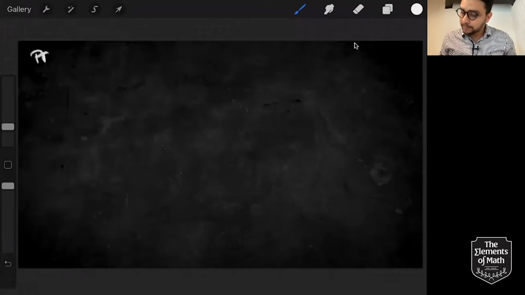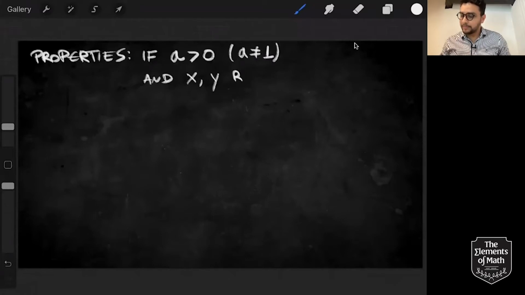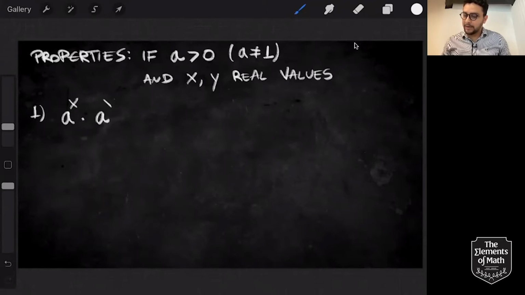First one, if I'm going to take values a greater than 0 and also different than 1, and x and y real values, we have a to the power x times a to the power y.